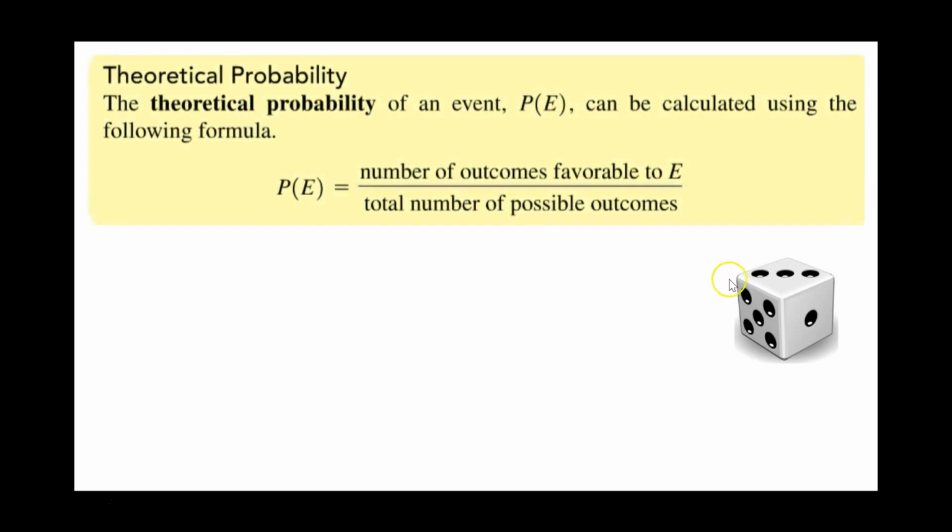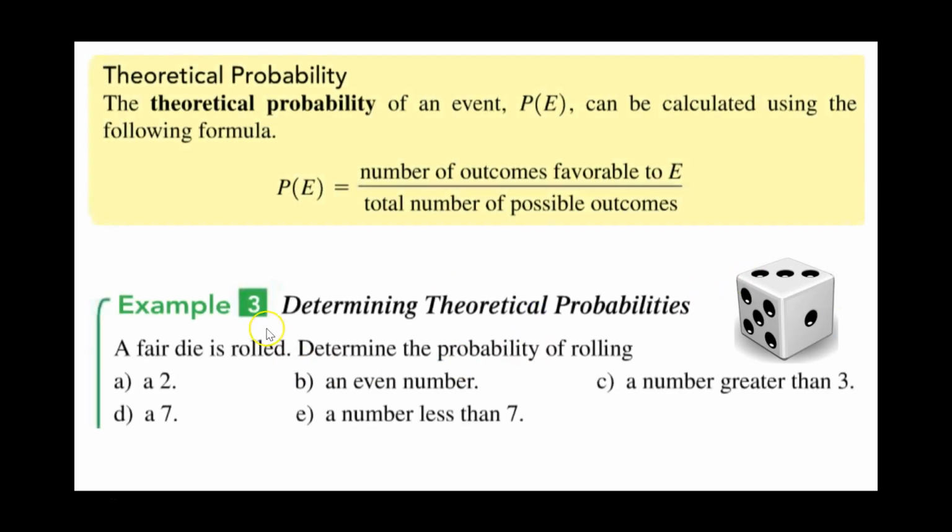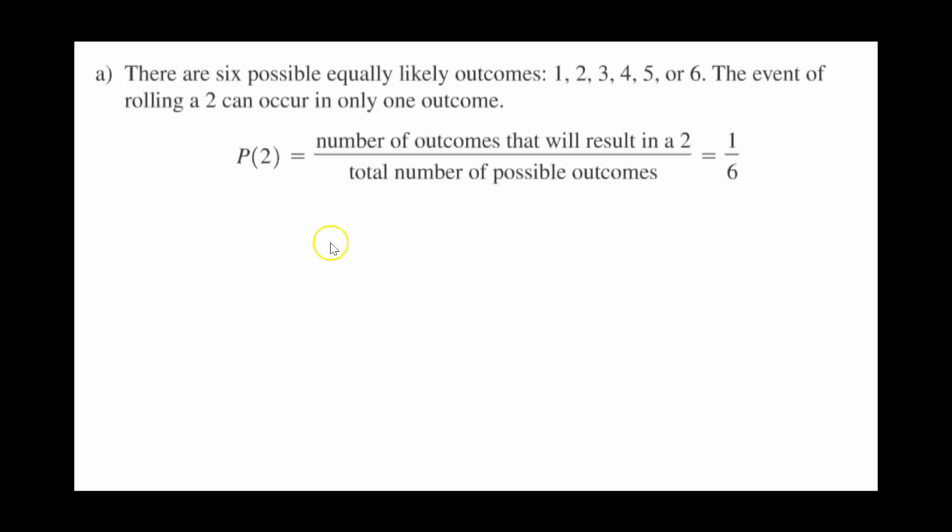But let's talk about a die. So for this example, if a fair die is rolled, what is the probability of us rolling a 2? Well, how many faces are on a die? It's going to be 6. So how many of our faces have the number 2 on it? Well, it should be 1. So the probability of us rolling a 2 is going to be 1 over 6 because there's one face that has a 2 and there are 6 possibilities as far as these outcomes.